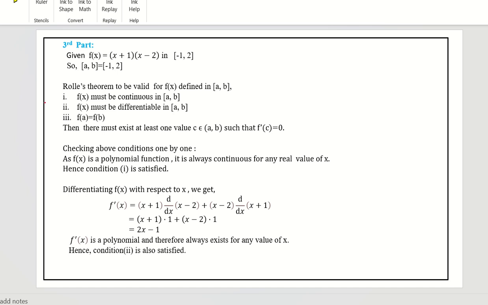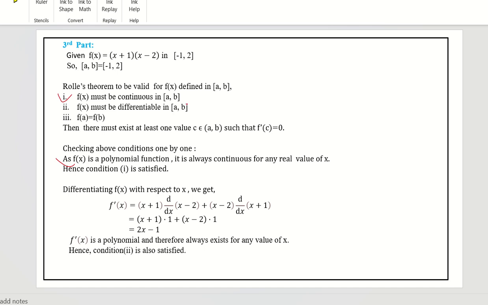Okay, first we check the above conditions. Condition 1: this is a polynomial, which takes a finite value for every value of x, so it is always continuous, right? The first condition is satisfied. And the second condition, differentiability: whether it is differentiable or not in this interval.